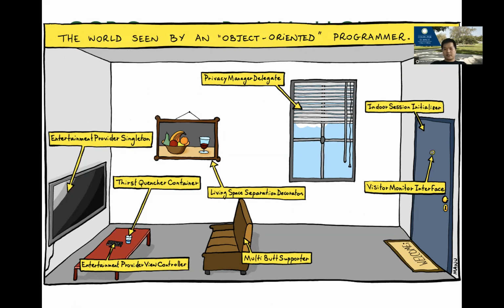You don't want a second one because of security or management concerns, right? If you make some classes singleton classes, then we call this the singleton pattern. Because this TV is the only entertainment channel you have in these rooms, the programmer can consider this the entertainment provider singleton.